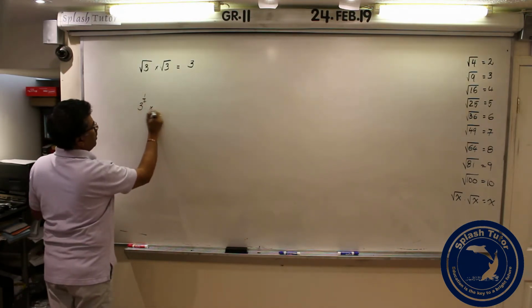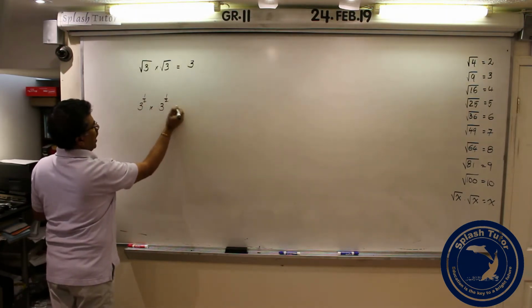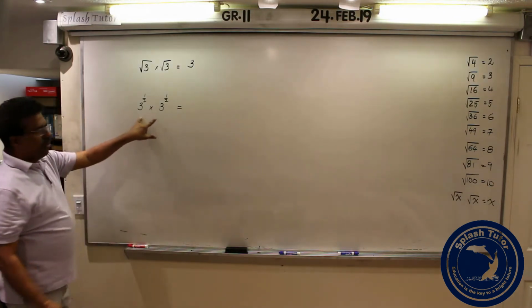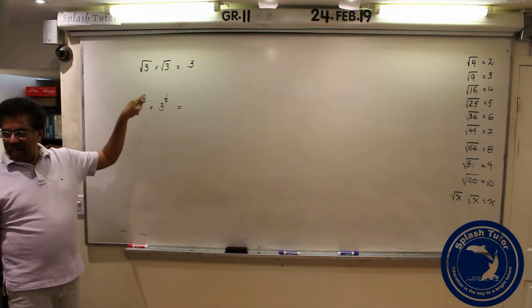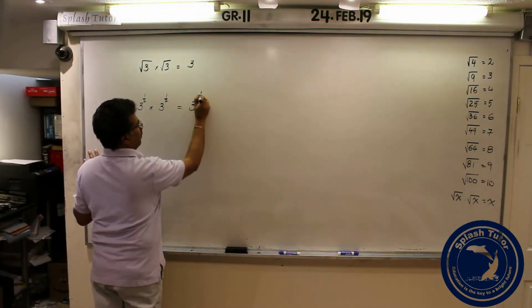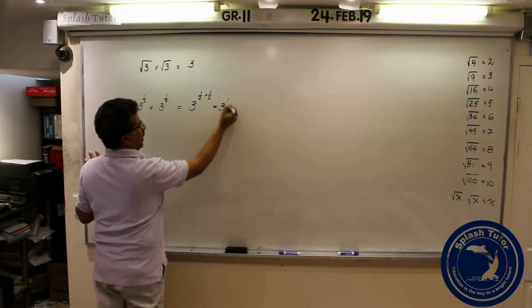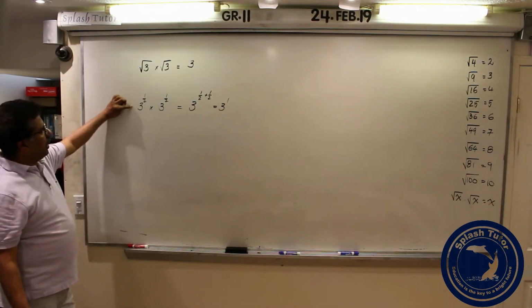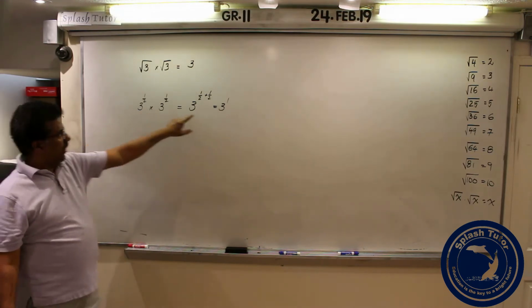And this root 3 means 3 to the power half. Now if two exponents are multiplied, you add the exponents, that is 3 to the power half plus half, that is 3 to the power 1. So root 3 times root 3 is 3 to the power 1.